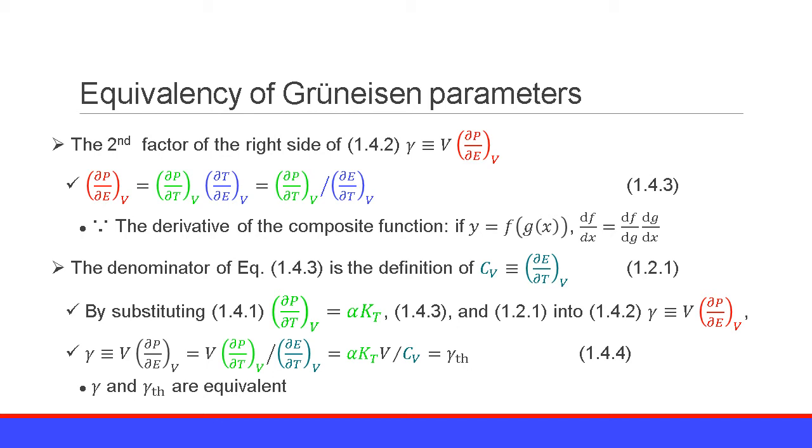And in Equation 1.4.1, the thermal pressure, the partial derivative of the pressure P with respect to the temperature T at constant volume V, is equal to the thermal expansivity times the isothermal bulk modulus Kt. Therefore, we substitute this equation into 1.4.3.